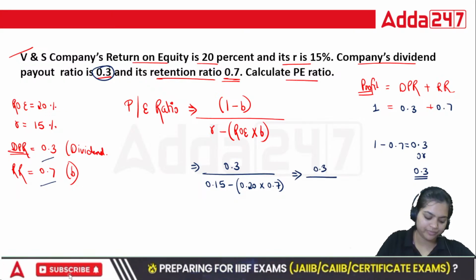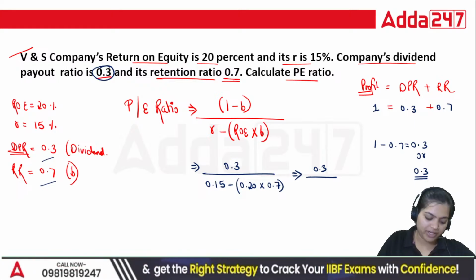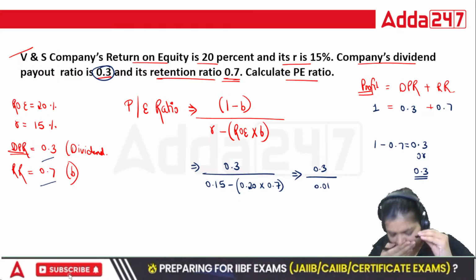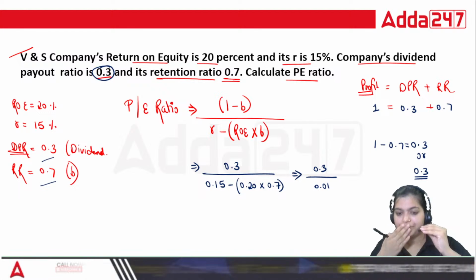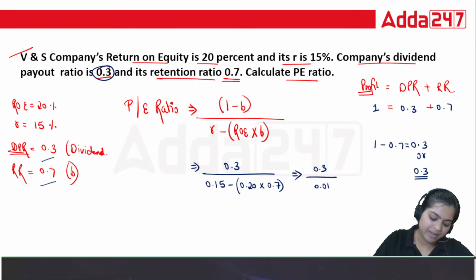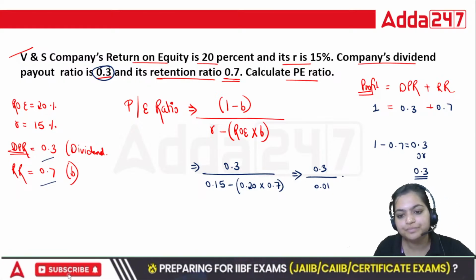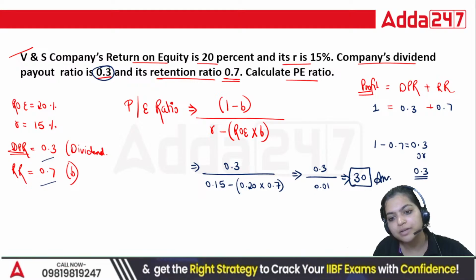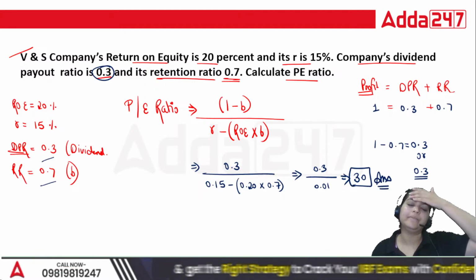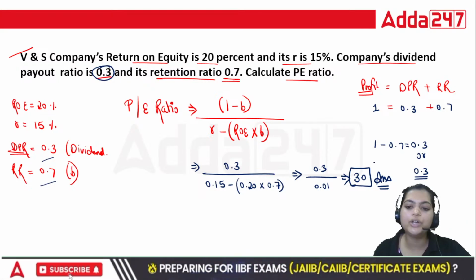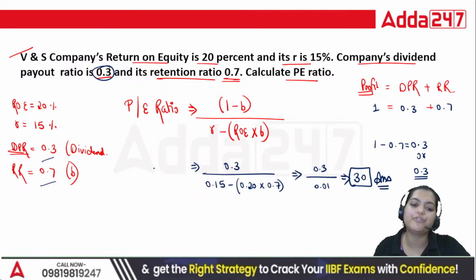Let's solve the denominator first: 0.2 into 0.7 minus 0.15. Sorry everyone. So here 0.3 divided by 0.01, that is 30. This is your answer. It means based on your earnings, people are ready to pay 30 times. This is your PE ratio.